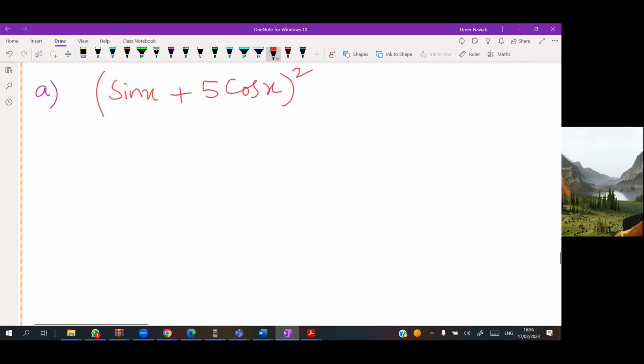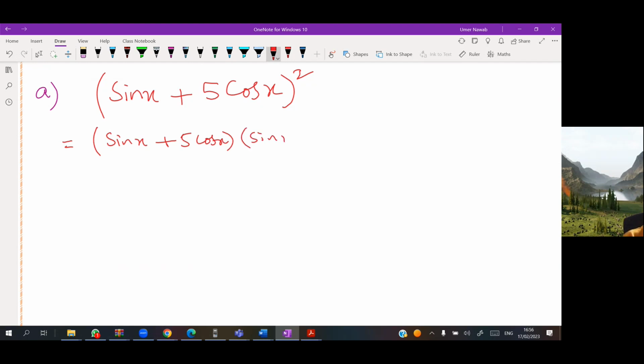Let me write this bracket 2 times. Multiply them.